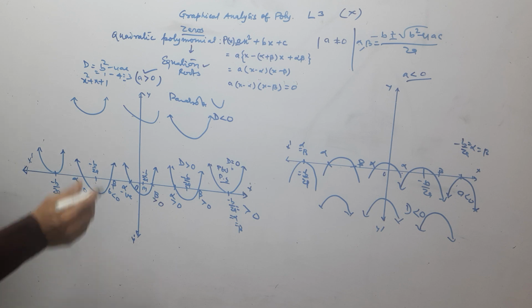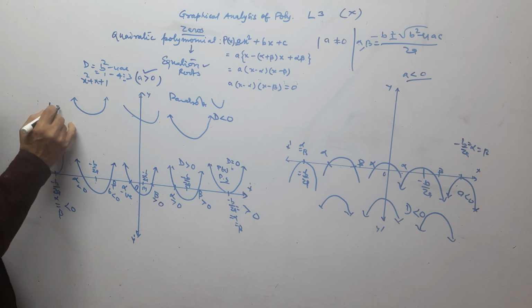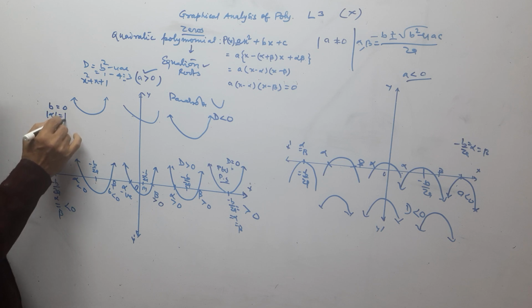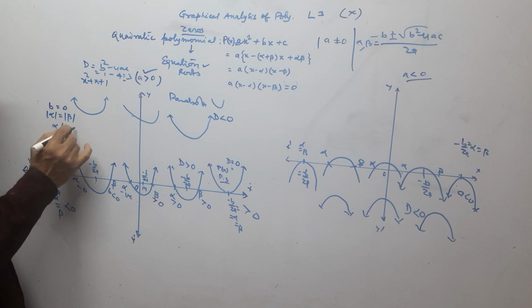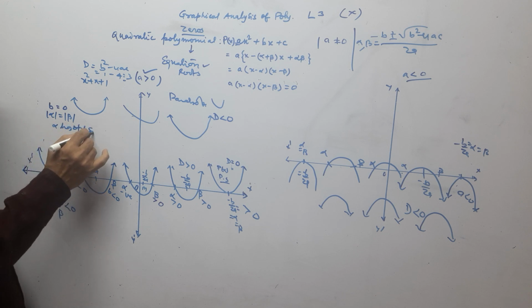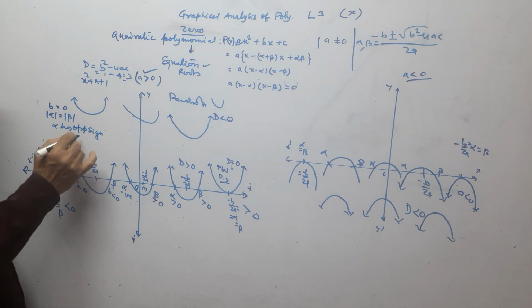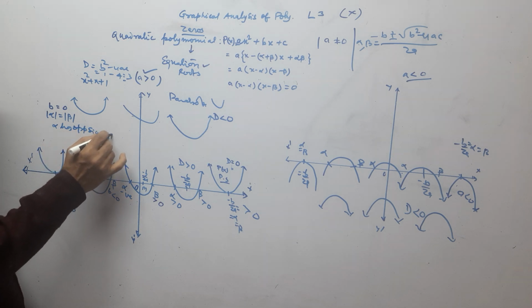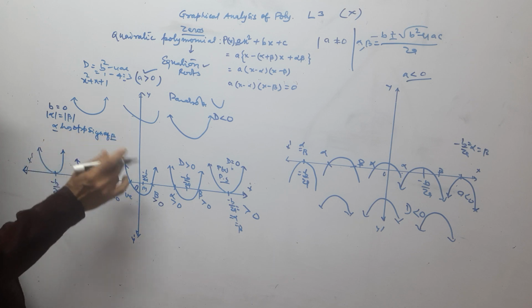If b is equal to 0, then it is the middle point. So if b is equal to 0, then in magnitude alpha is equal to beta, but alpha has the opposite sign of beta. That is, one is plus and the other is minus.